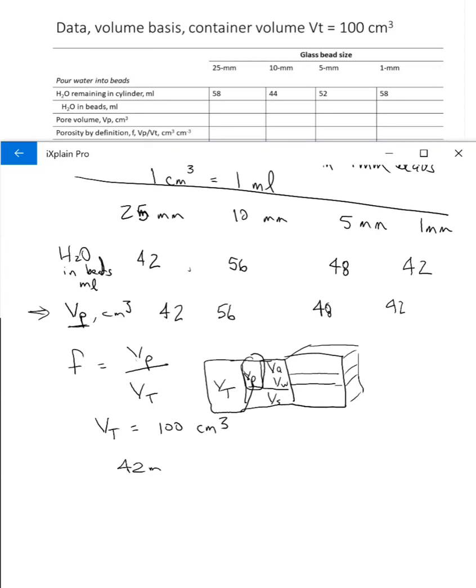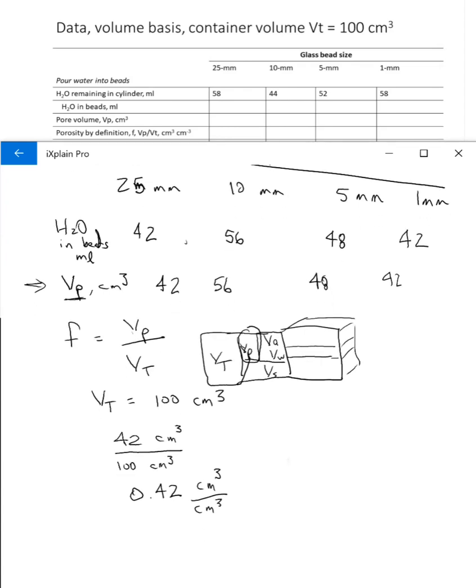Actually, let's put those in cubic centimeters. 42 cubic centimeters, and we're going to divide that by 100 cubic centimeters. And so for the first case, we get 0.42. And the units for porosity, as you'll see up here, are cubic centimeters per cubic centimeter.